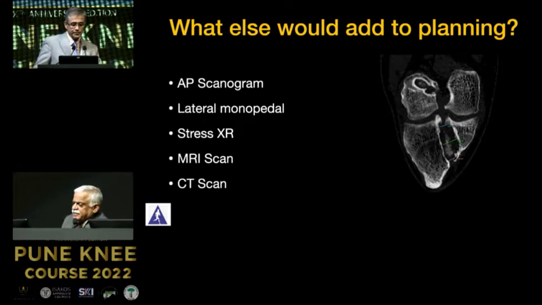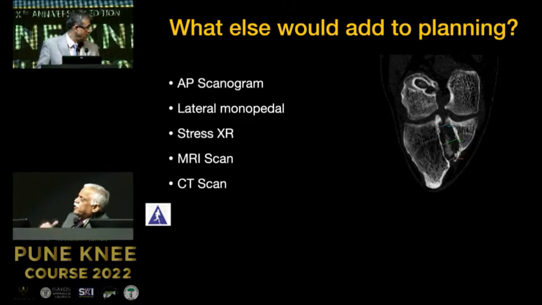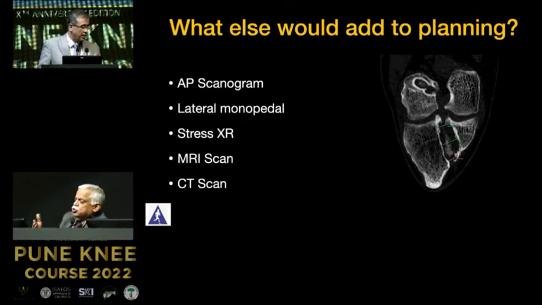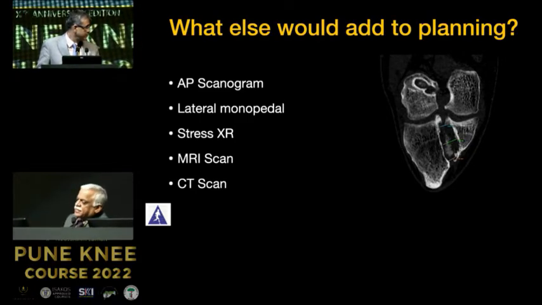All these things like the CT, MRI, the most common cause we all know is non-anatomical placement of the tunnels. So to that effect, CT and MRI are good indicators, and another most important cause is failure to address the secondary stabilizers. So with that respect, the stress X-rays we find very useful in our practice.